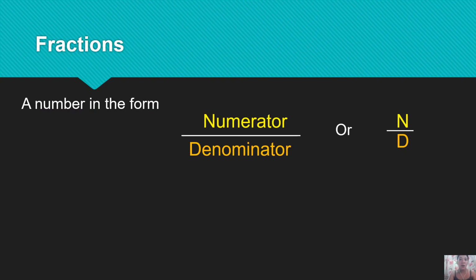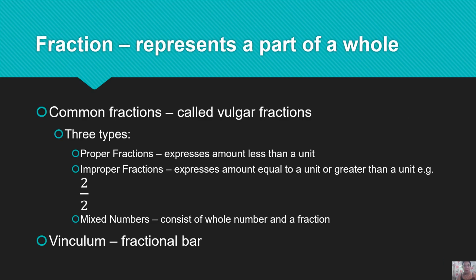A fraction is a number in the form numerator over denominator, or n over d. That is the definition of a fraction. A fraction represents a part of a whole. There is what you call a common fraction, otherwise called vulgar fractions.